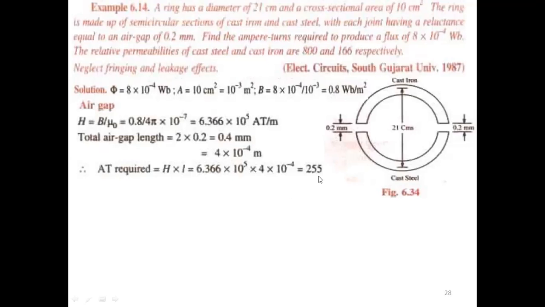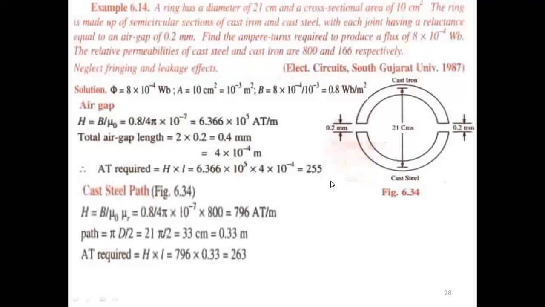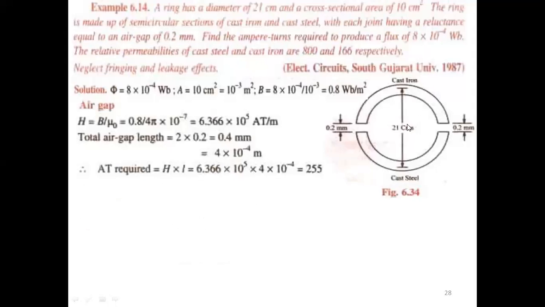Okay, these ampere turns are the mmf for the air gap only. Next, we'll calculate for the steel material. Just tell me, here the diameter is given, how do we calculate the length? The circumference formula.